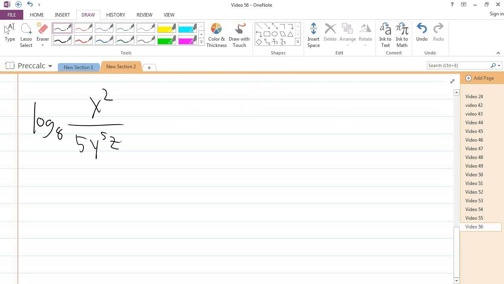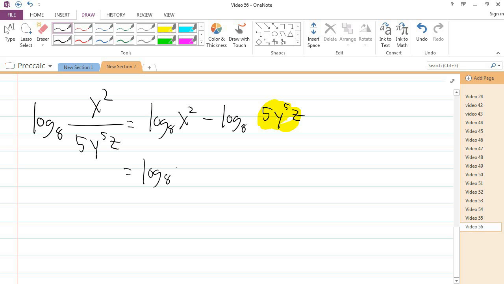I'm going to do this out in all of its brutal glory, and then I'm going to show you the shortcut. Here's this in all of its brutal glory. So numerator minus denominator, and 8 is my base. I have multiplication going on here, so I can write this as addition, but I need to watch parentheses.